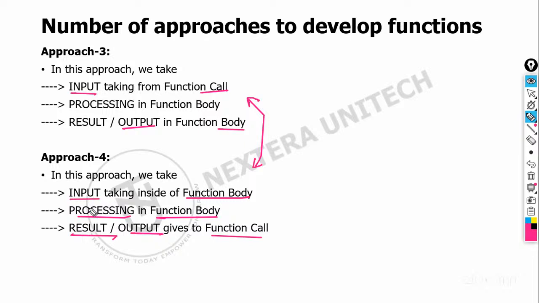But in approach 4, input is from function body and output is from function call. So quite opposite, guys. Anyways, the processing will be in the function body only, whatever the approach.